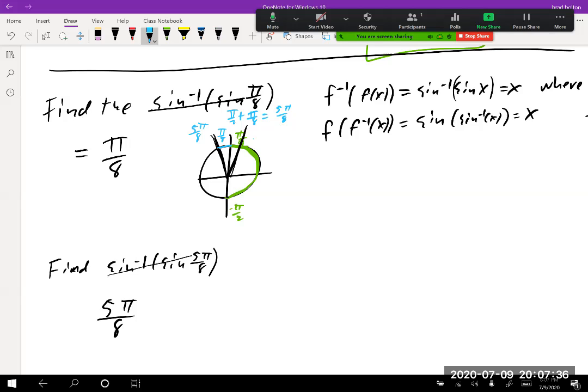So to find this guy right here, I would just do pi halves minus a pi 8ths, and that should give me 3 pi 8ths, right? 4 pi 8ths minus 1 pi 8th. Yeah, so we get 3 pi 8ths. So this answer is not allowed, but it leads me to this answer, 3 pi over 8. So this is the correct answer for this problem, okay?